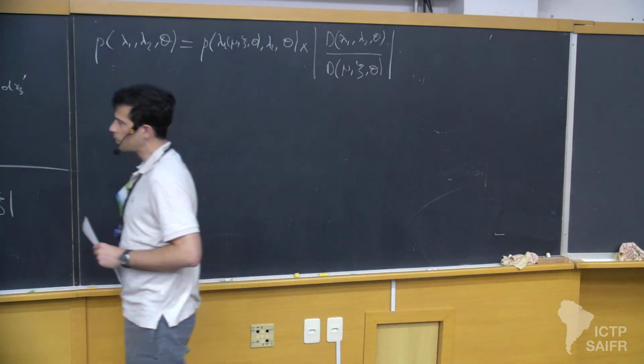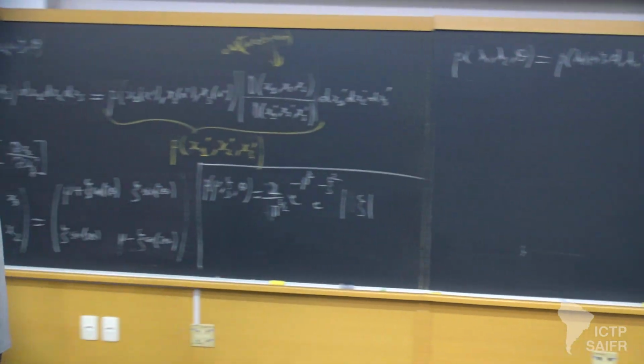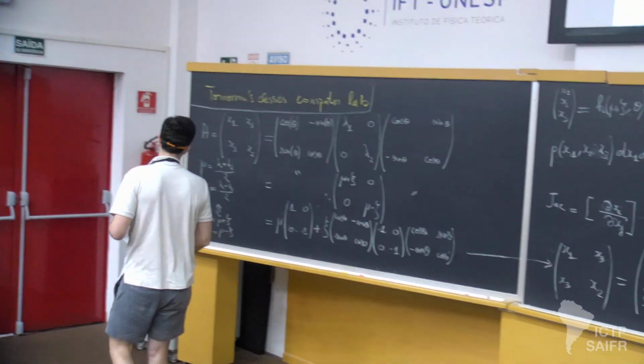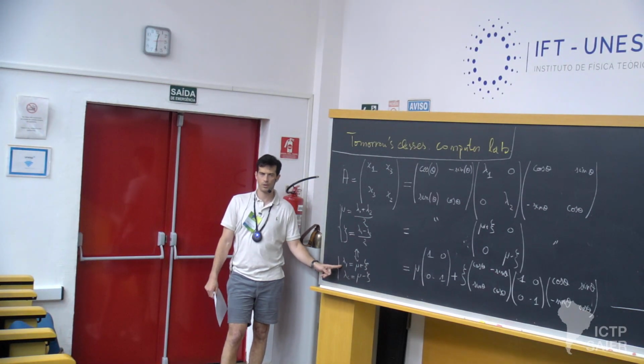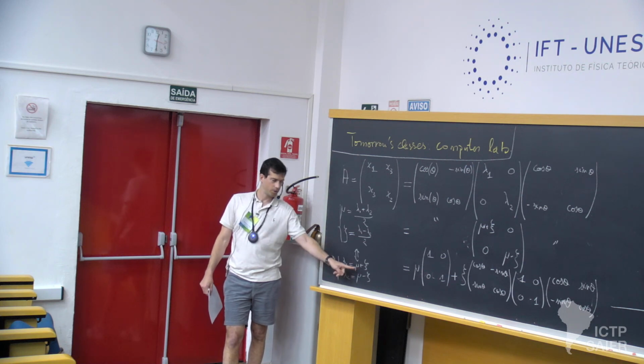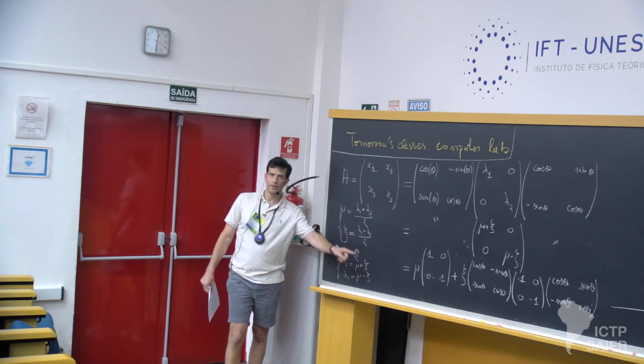Okay, I wrote it here, right? So you just have to take these, the expressions of lambda 1 as a function of the new variables. So if you take the derivative with respect to mu, you'll get 1 here, and then 1, and 1 and minus 1.